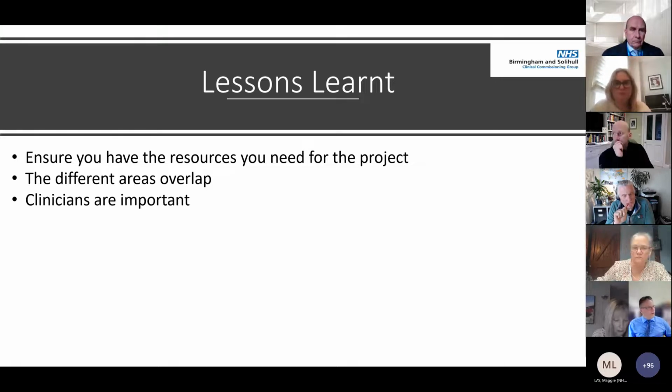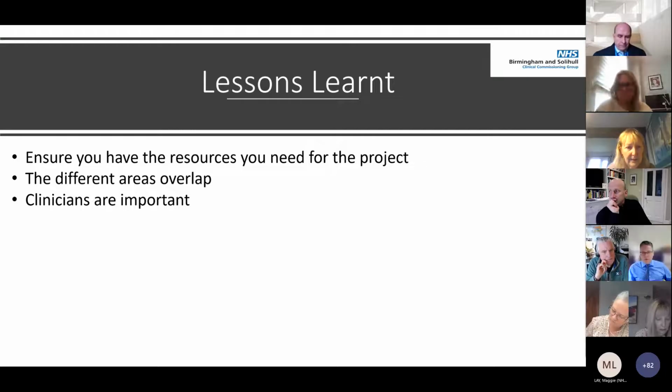I may not need to say this in this group, hopefully I don't, but clinicians are an important part of the process. I certainly see in other areas where clinicians aren't involved in these processes, and I think that generally is a bad idea.